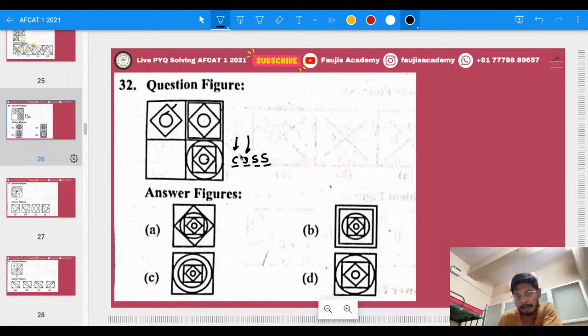Diamond is also a type of your square. Then again square, and then circle. Circle, diamond, square, circle. So again you should have circle, isn't it? Which one we should have? 32.